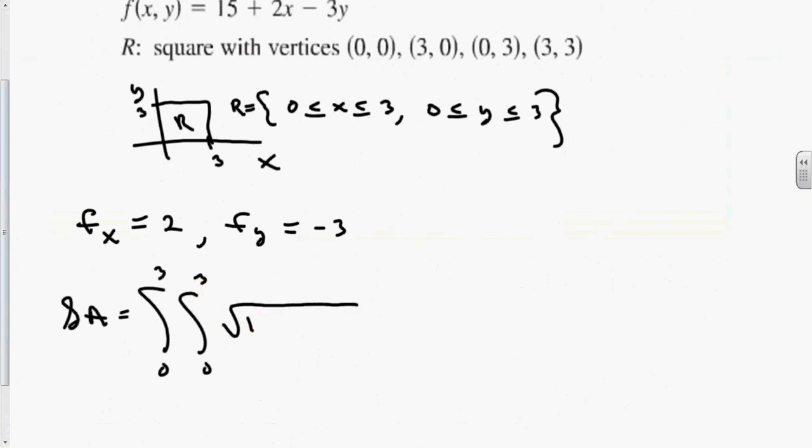It's the square root of 1 plus 2 squared plus negative 3 squared, dx dy. We get the square root of 14 times this double integral.